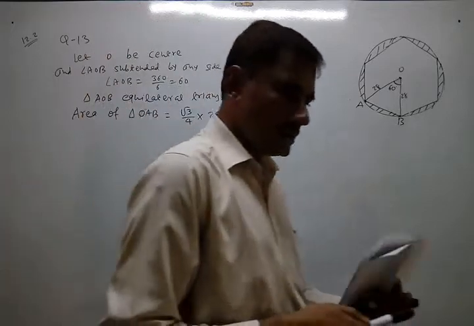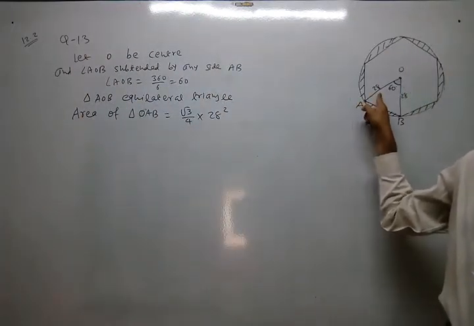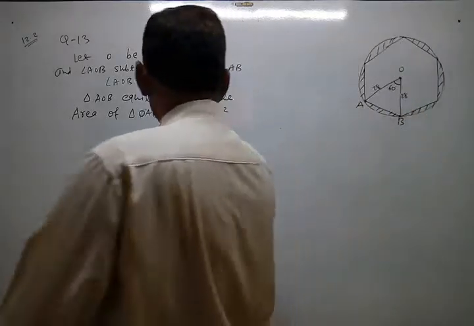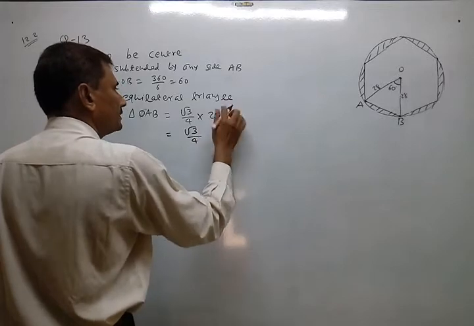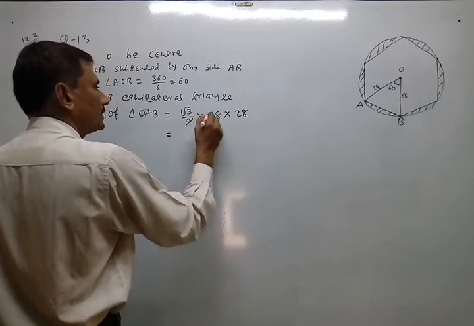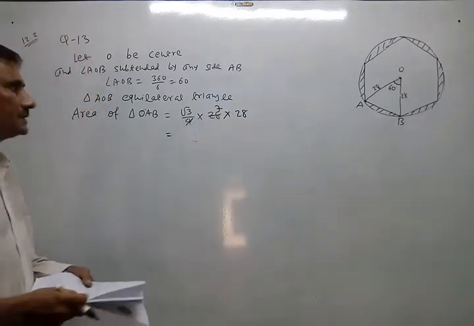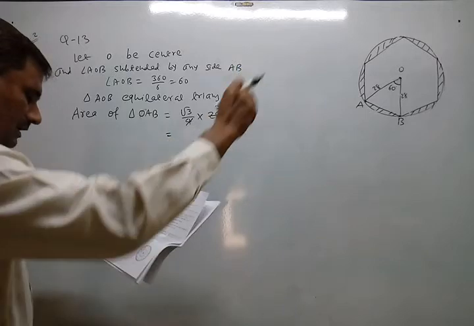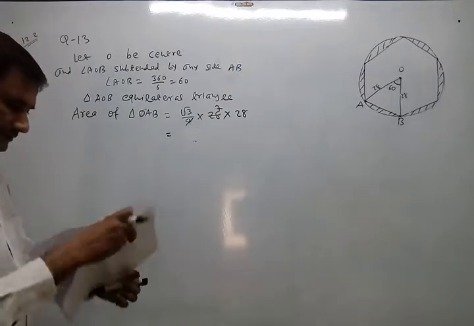The radius of the circle is nothing but the side of the triangle. So it is root 3 by 4 into 28 into 28. So 4 into 7, 28. Now how much is it? That value, I think, is not given. Root 3's value is given, then look there.